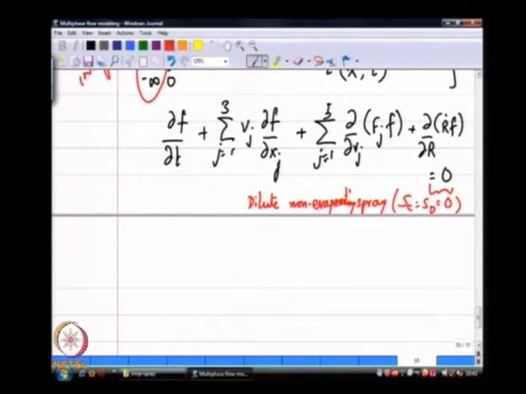Dilute essentially means no chance of collisions happening. The collisions are so rare in occurrence that I can ignore that effect.